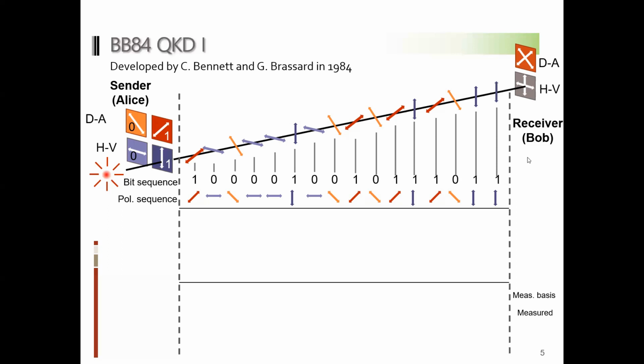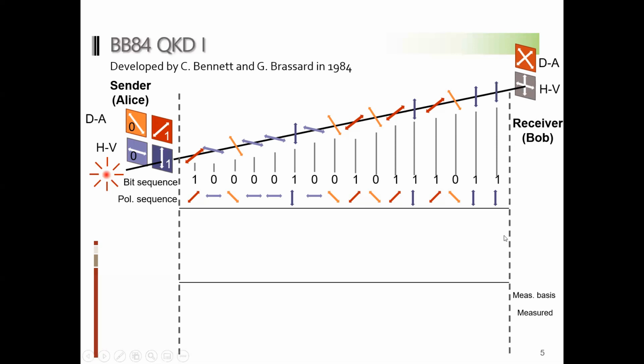Even though Bob does not know what kind of basis is used for the first photon or the second photon, Bob just decides to rotate his own measurement basis. So what happens is that when Bob receives the first photon, he just randomly chooses between these two bases.